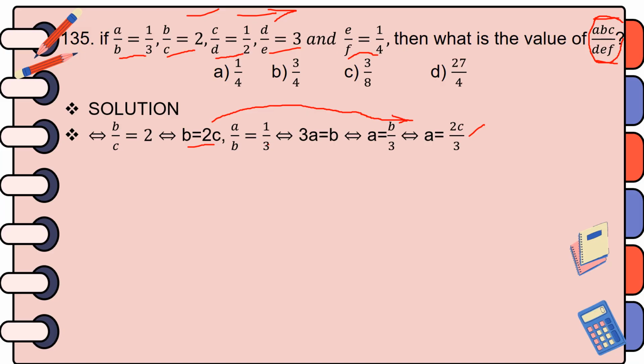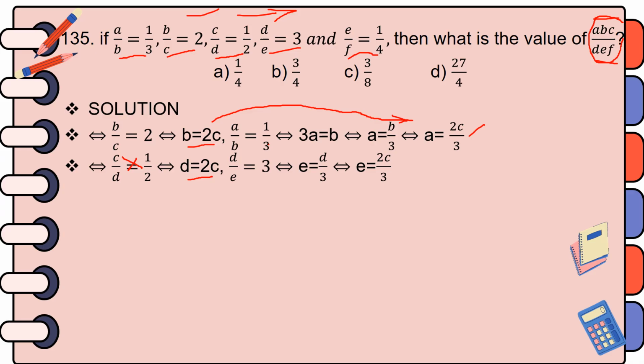What remains is D, E, and F. But again, you are given C over D is equal to 1 over 2. From this, you can express D in terms of C. Crisscross it, you get D is equal to 2C.